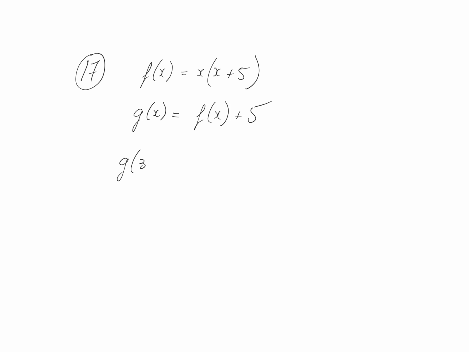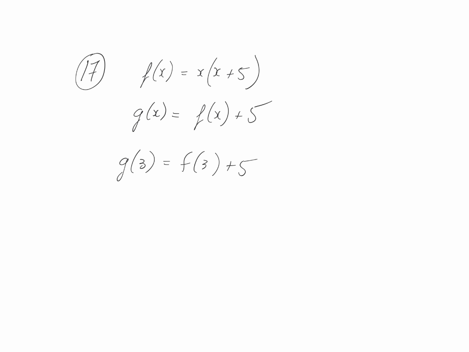Question 17 gives us f of x equals x, parenthesis, x plus 5. It tells us the function f is defined above. If the function g is defined by g of x equals f of x plus 5, they want to know what is the value of g of 3. Well, g of 3 is f of 3 plus 5.